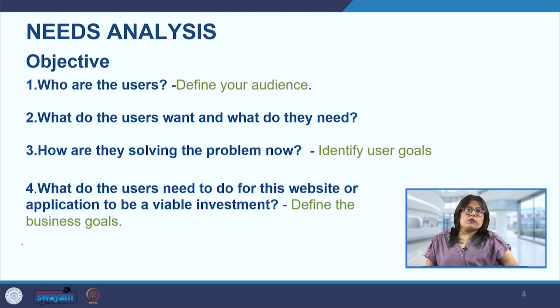So the next point, which is, what do the users need to do for this website or application to be a viable investment. So now here is the point that defines the business goal. So what are the goals of the business as well, because how do they also do well.